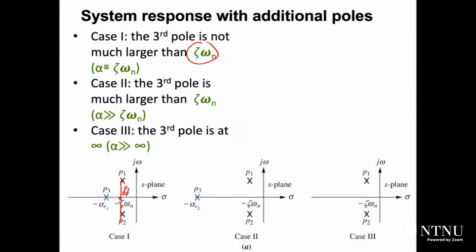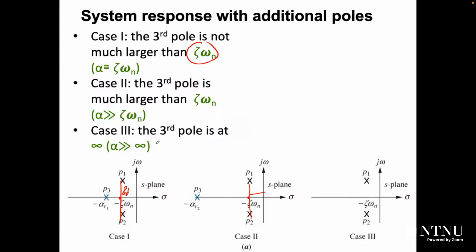In case number 2, the third pole is much larger than zeta omega n. So it's far away, maybe 6-7 times farther from the j omega axis.